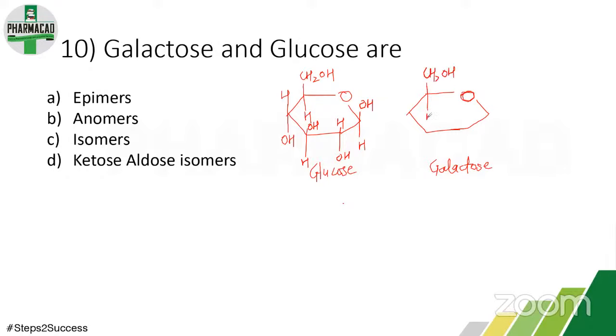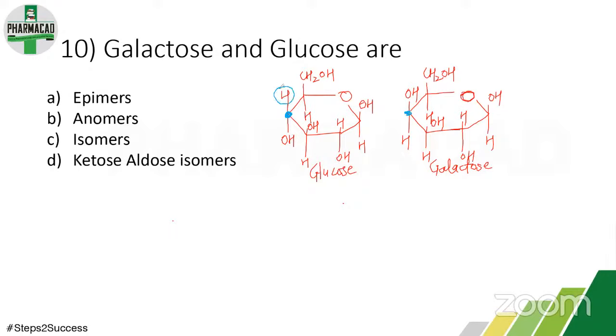CH2OH, hydrogen, OH hydrogen, OH hydrogen, hydrogen OH, OH hydrogen. Now you can see only the difference in configuration is at this carbon atom.